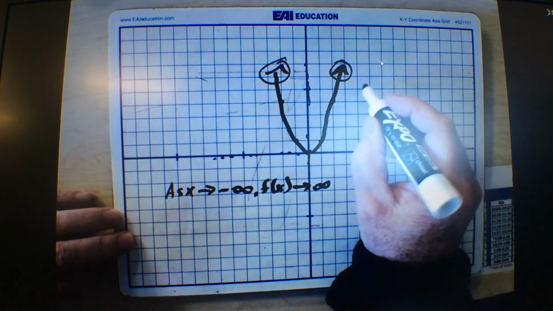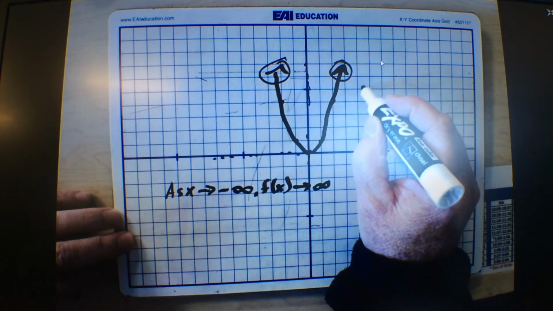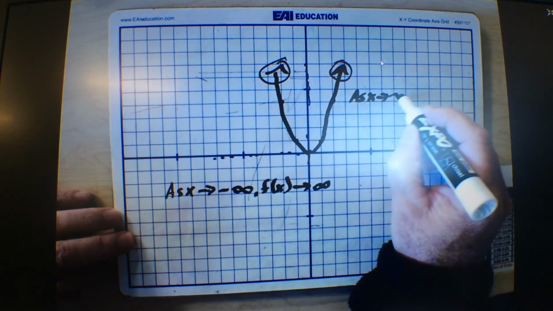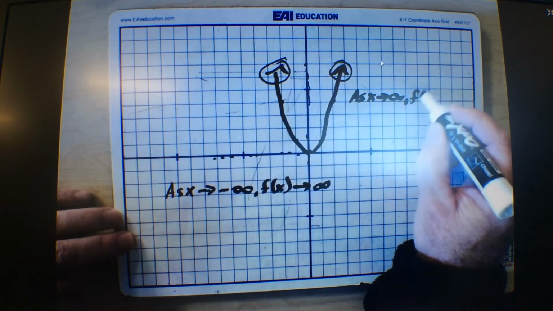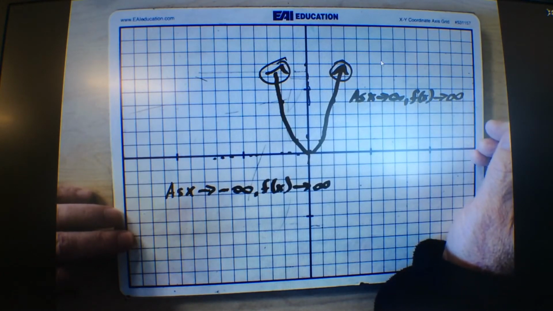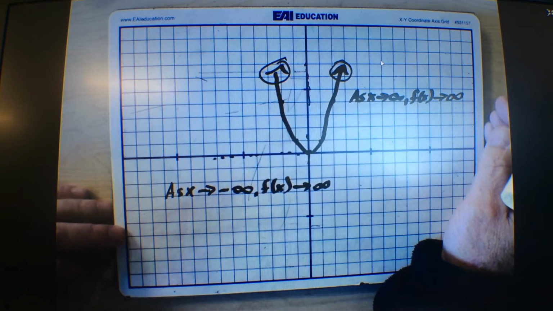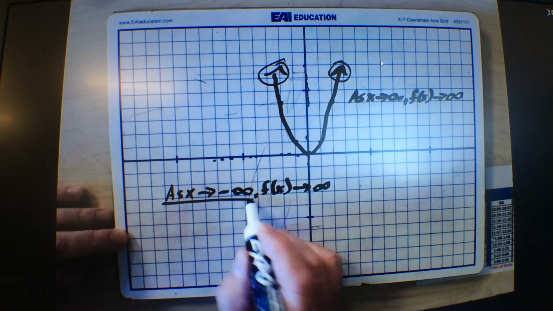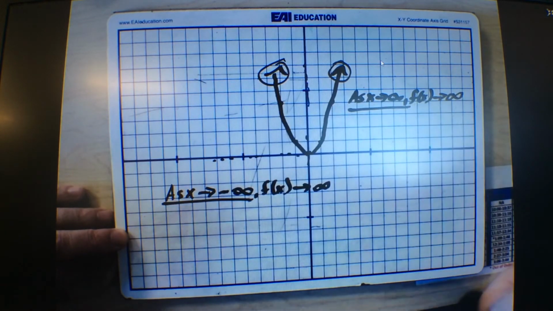Okay, now let's go up here. This one. As x approaches what? Positive infinity. F of x approaches positive infinity also. Now, I think I brushed you off too quickly, Carly. Carly asked, is it always going to be that way? You are always going to begin this way and this way.